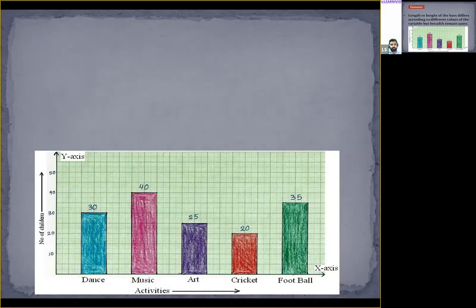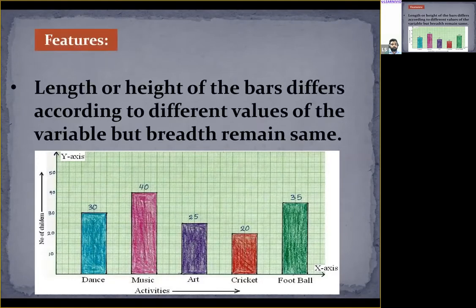One feature of the bar diagram is that the length or height of the bars may differ depending upon the different values, but the breadth of the bars will remain the same. The height or length of a bar depends upon the variable or number, for example the production, and will keep on changing.